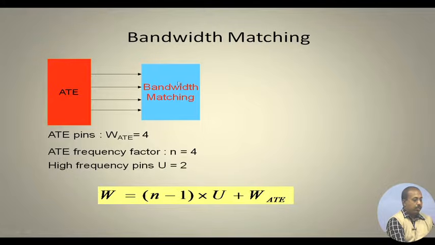So this is the bandwidth matching part, which increases the rate at which data is being fed to the channels.